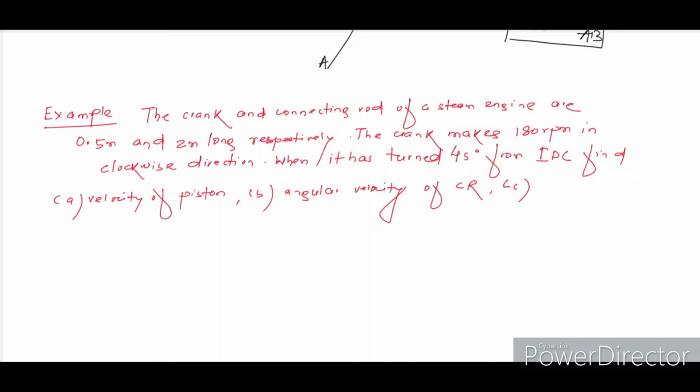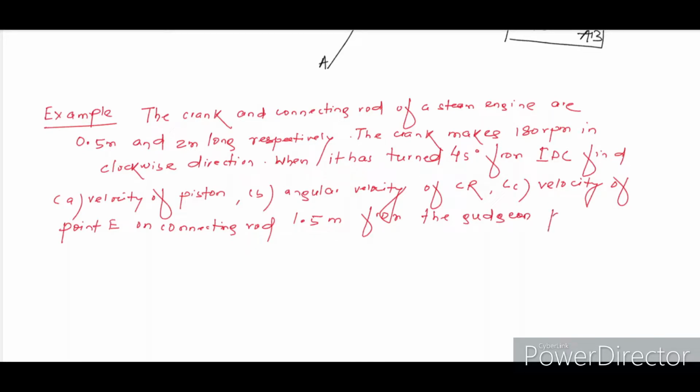Third, velocity of point E, any arbitrary point, velocity of point E on connecting rod 1.5 meter from the gudgeon pin. Location of point E is given to you.